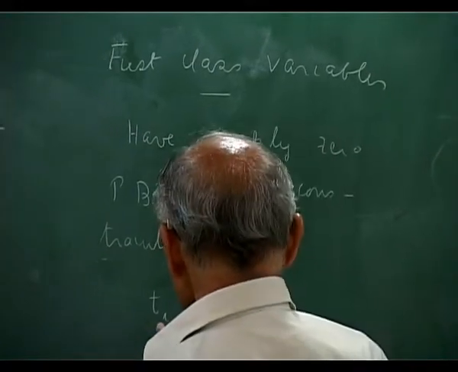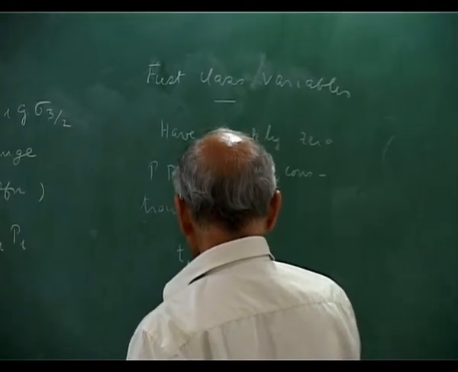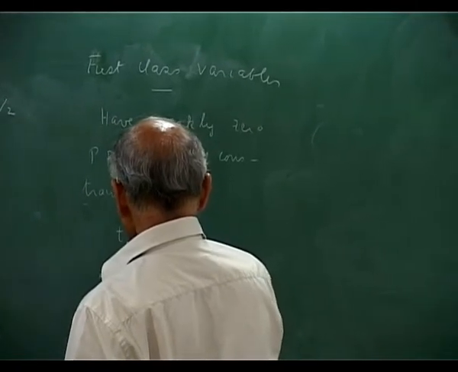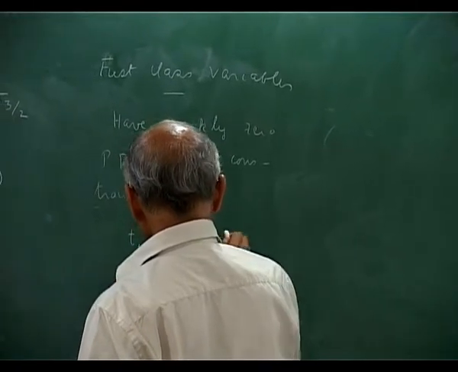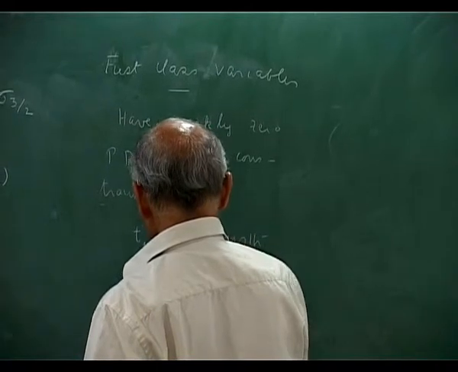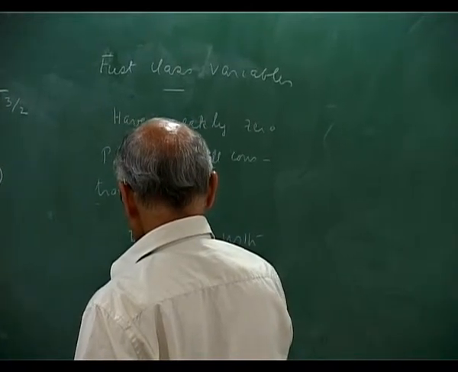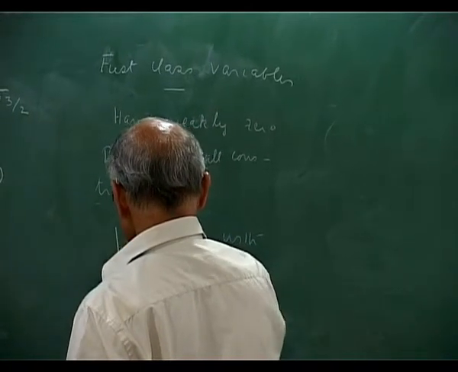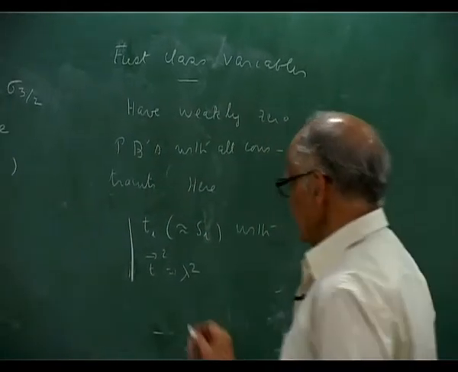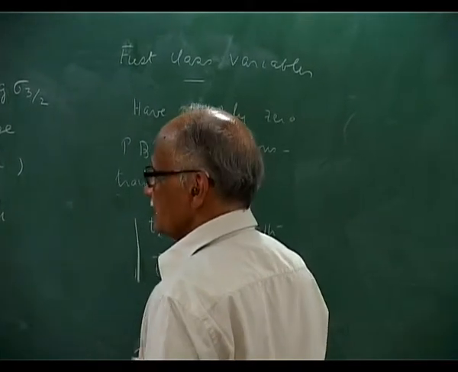But actually there was nothing more. Okay, T squared is equal to lambda squared, and the Poisson brackets of the T's are given there.